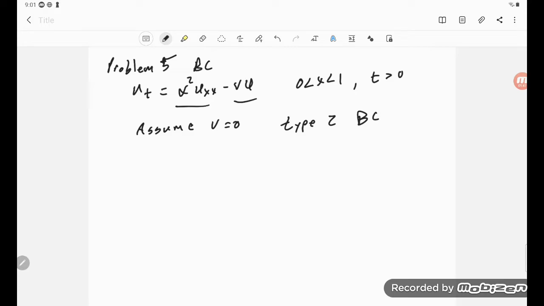So, the boundary conditions for type 2 would be that we would have u sub x equals some lambda and then just u, because it would be u minus 0. Okay, so this is the g of t being 0. And this would be at both ends.